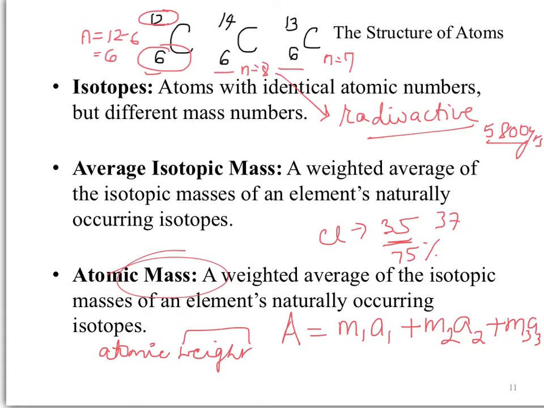These are only rough numbers, not exact. The one that has a mass close to 37 is about 25%. And if you look at the atomic mass, that's like 35.453. So it's closer to the one that is more abundant as compared to the one that is less abundant. I think there is one question that we are going to solve for you.